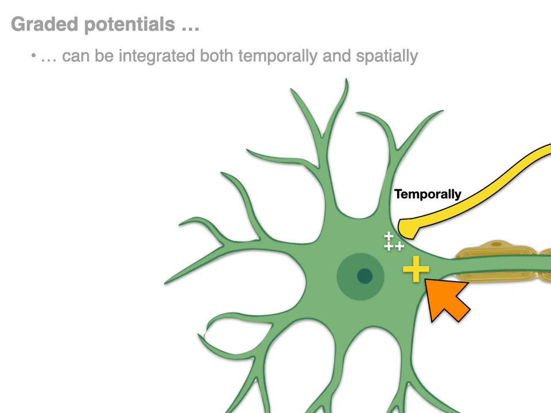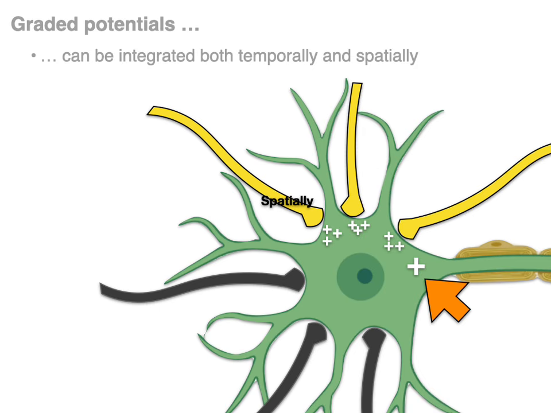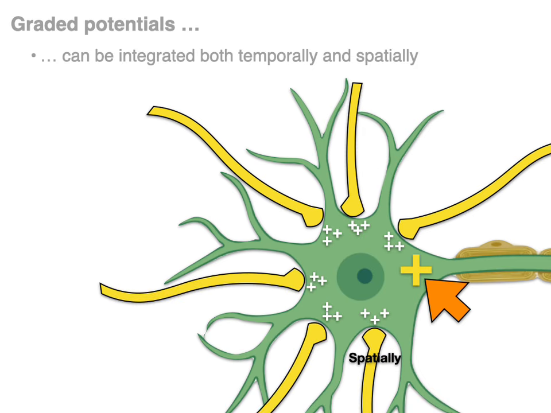So temporally speaking, over a short period of time, that axon hillock hits threshold. But spatially, what happens is this. You see each of these neurons in succession or close succession in a spatial pattern, causing an influx of sodium ions, a positively charged ion, that causes the axon hillock to reach threshold, initiating an action potential.